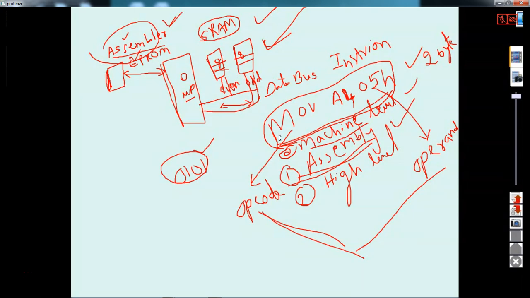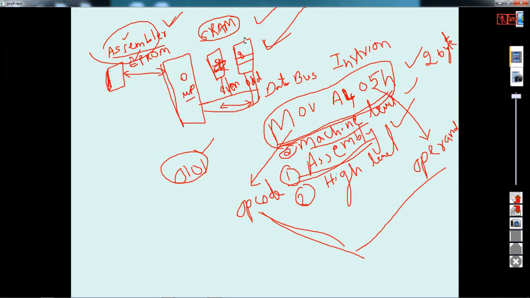Any instruction is of opcode and operand. It is a 2-byte instruction. So the first byte will sit based on the starting address of your memory location. 1 byte will be stored in even memory, another byte will be stored in odd memory.